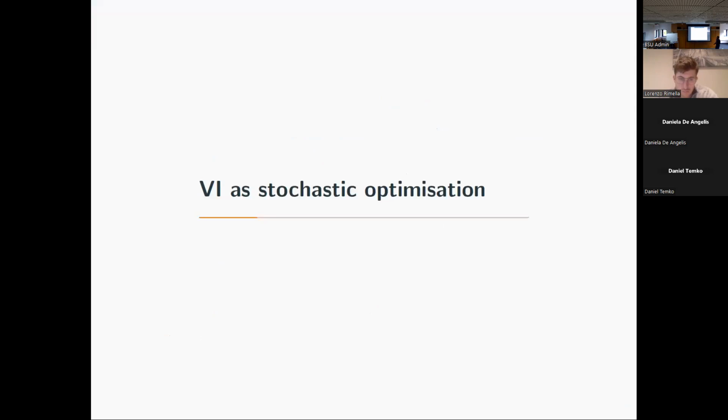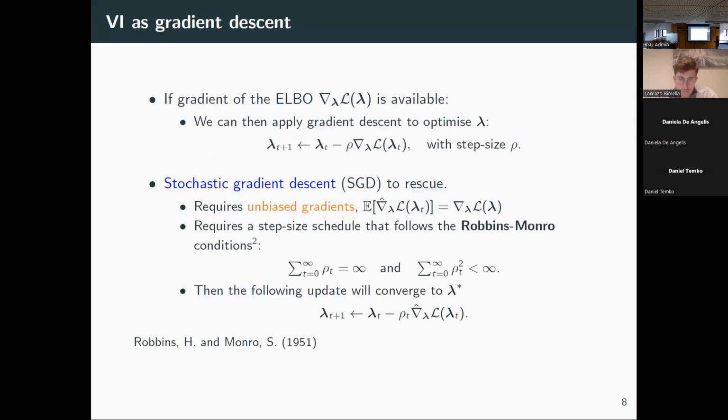So how do we pose VI as a stochastic optimization problem? Let's say that we can take the expectations. If we can take the expectations, then we can think of it as a gradient descent problem, where we simply apply gradient descent to optimize the parameters. Now, obviously, we cannot take expectations because there are issues.